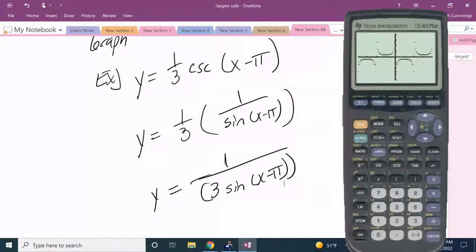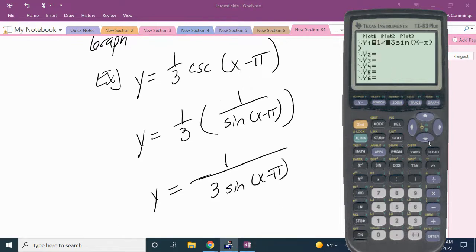Now here is why the parentheses in the denominator are important. If you did not include that extra set of parentheses in the denominator, then your calculator is not performing the order of operations, right? Which is, if you're dealing with a fraction, you should simplify the top, you should simplify the bottom, and you should divide last. If you were to graph without using a set of parentheses, here's what's going to happen.